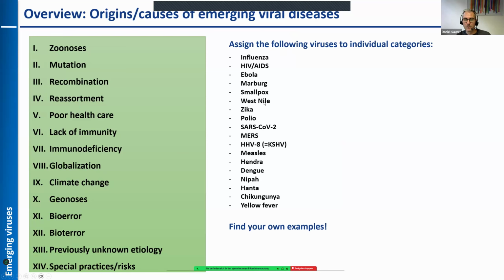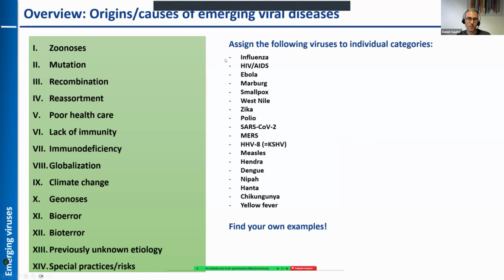So here I essentially just listed random viruses. Some of them may be well familiar to you, others may be not so familiar, but try to assign some of these viruses to some of these categories.